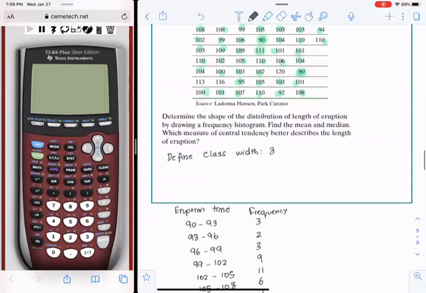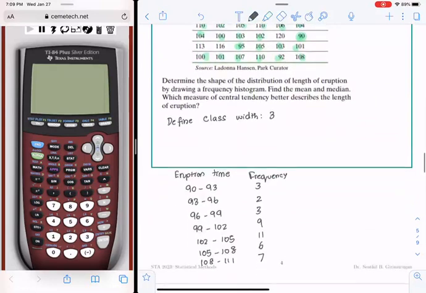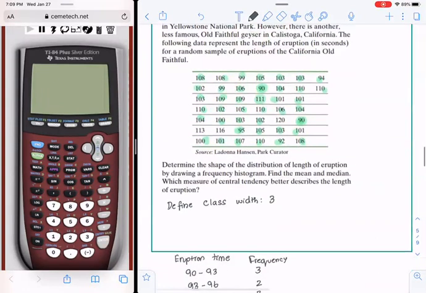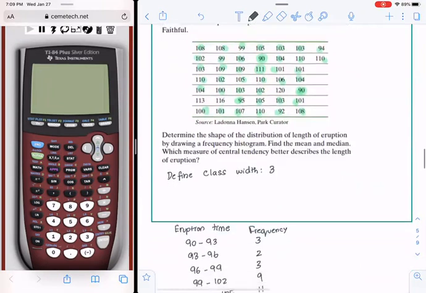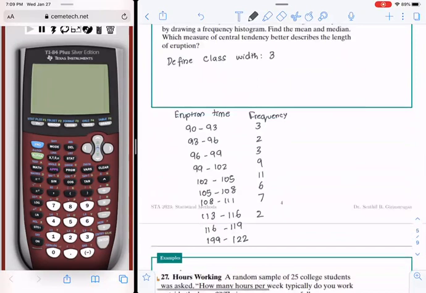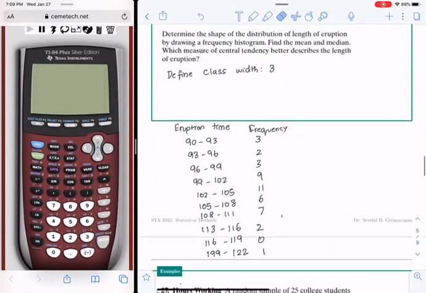And then 111 to 116, 116 to 119, 119 to 122. Because I have an observation of 120. So, all right, 2 observations here, none there, and 1 observation between 119 and 122.